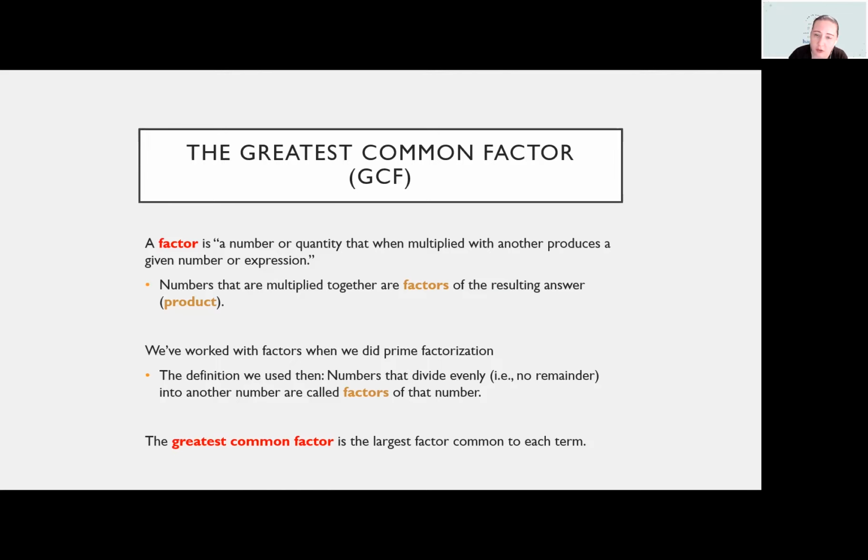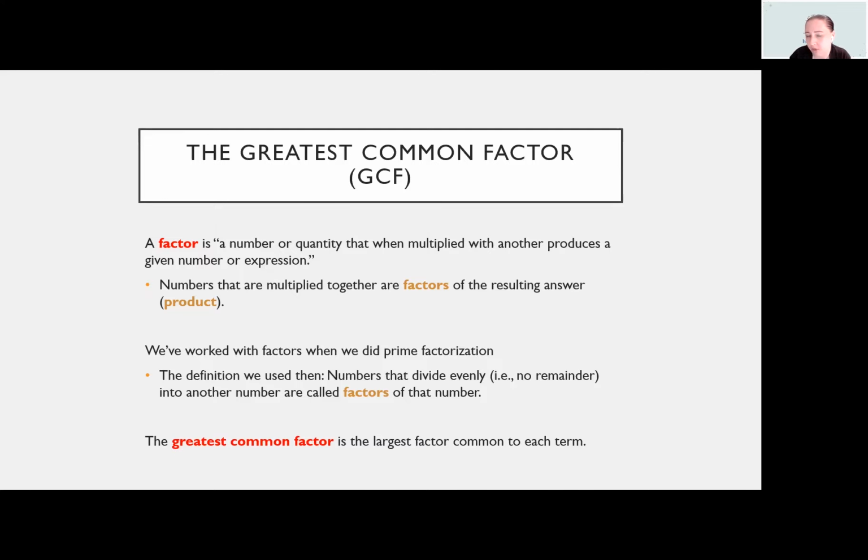It's just that when the whole purpose was to reduce, you were looking for factors that you could divide out. So that's why we looked at that definition. When we're looking at the greatest common factor, we are basically looking for things that are multiplied. We're still going to be dividing these out, but we're going to rewrite it as multiplication. So that's why we're looking at this from the multiplication standpoint.